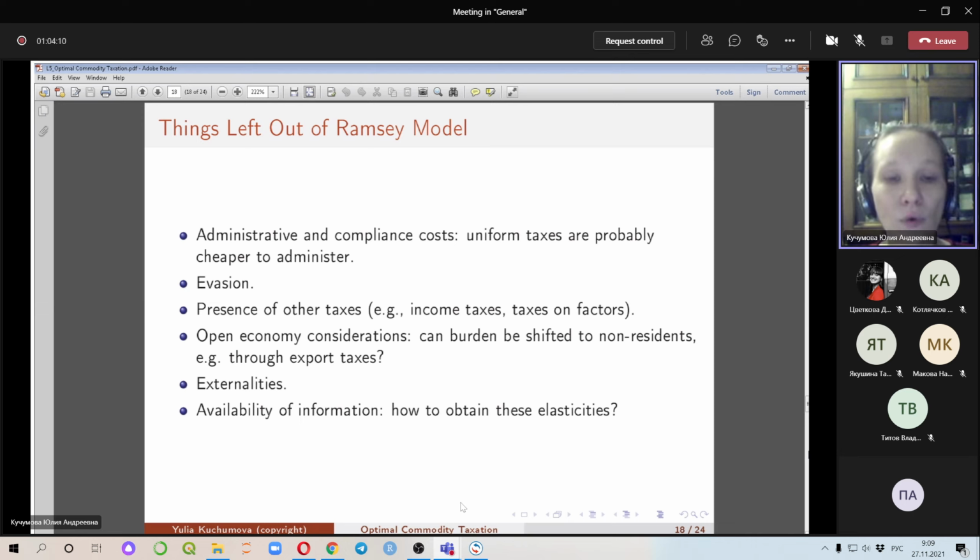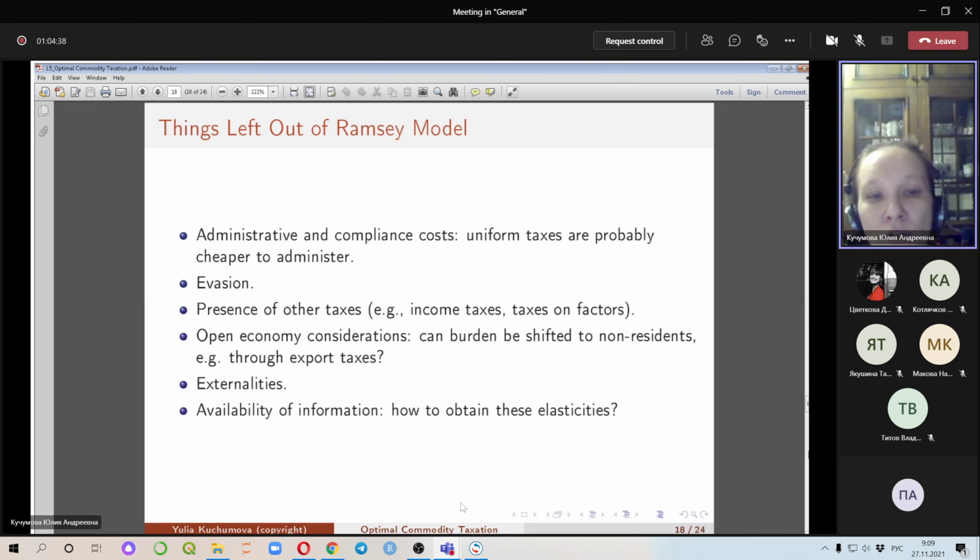And then, as always, availability of information is an issue. How do we obtain these elasticities to base our taxes properly, right, according to the optimal formulas we derived?